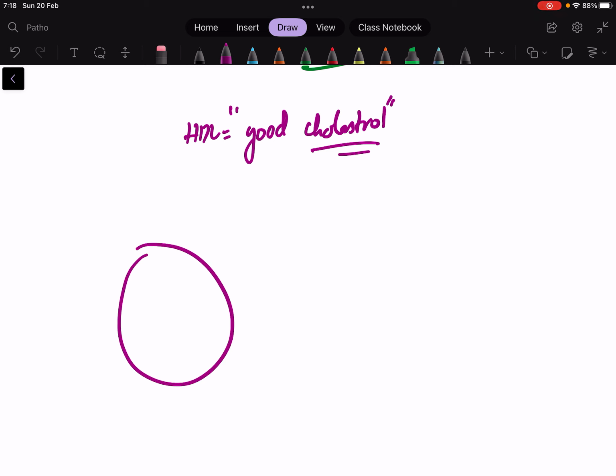This is the protein moiety, and it is going to have ApoA. Whenever you have apoprotein A, we can 100% say that it is a high density lipoprotein.